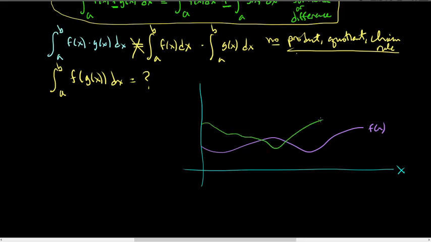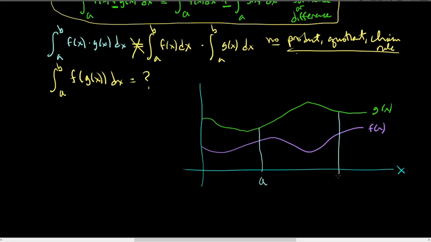I'm not going to even have them touch. I'm going to say g of x is always bigger than f of x. Let's just go from a to b. So here's my a, here's my b.